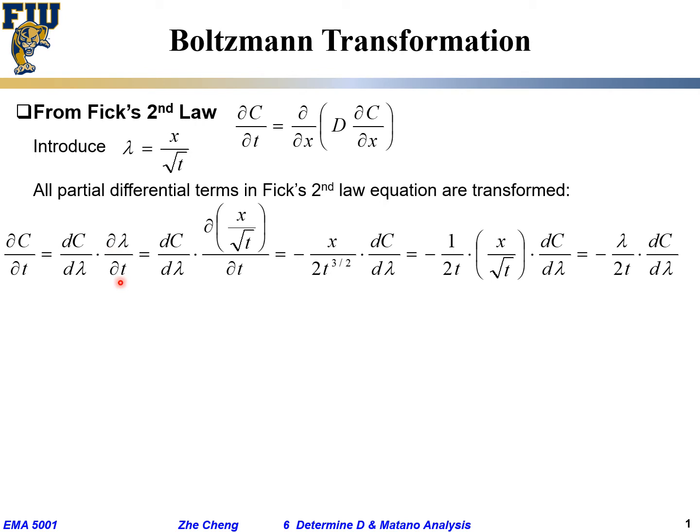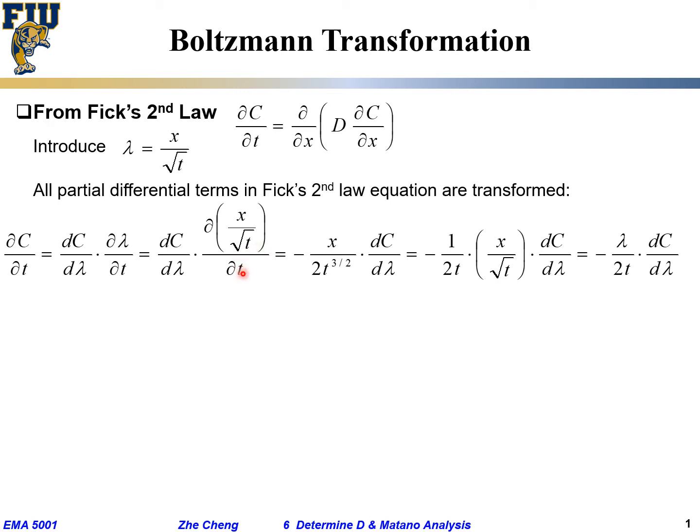You see what we did? Okay, and then we have two terms here. We keep dc over d lambda, and what is our lambda? Remember, lambda is x divided by square root of t, right?